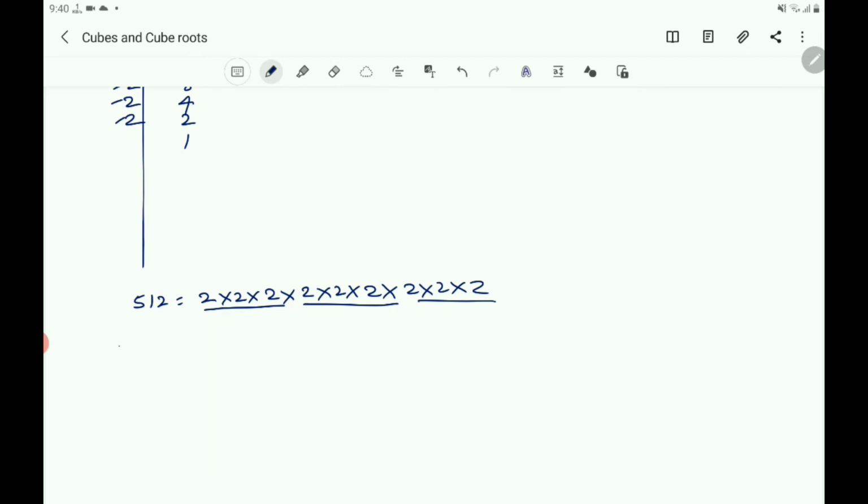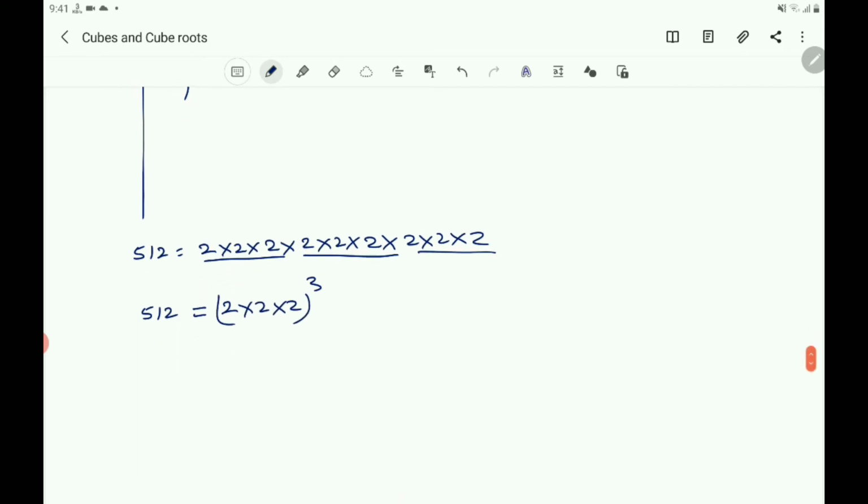Then you write 512 equals 2 into 2 into 2 whole cube. Now you take the cube root. Cube root of 512 equals cube root of 2 into 2 into 2 whole cube.